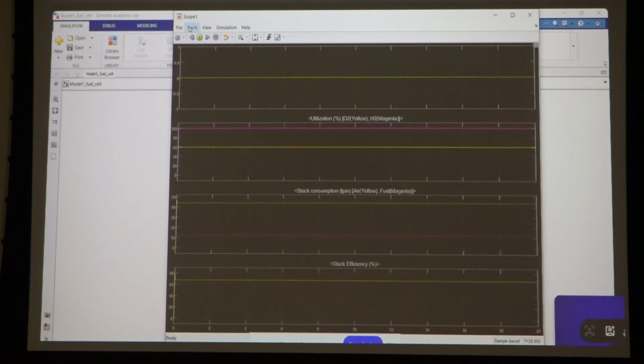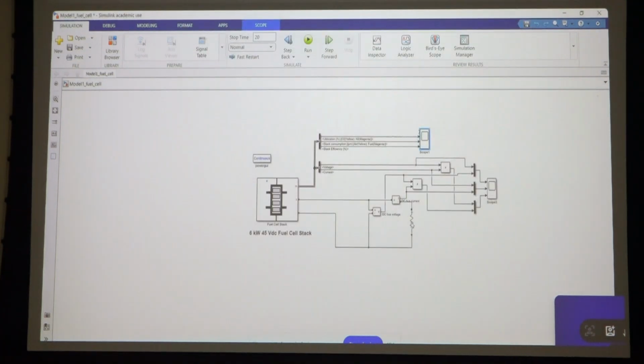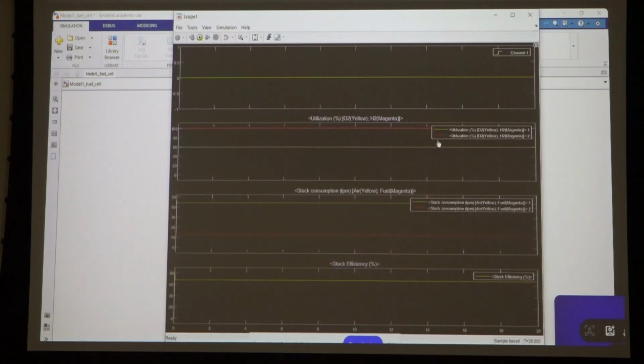If you put some legend, then we can see. Oxygen utilization is the yellow color, that means this is 60%, and 100% hydrogen utilization. The fuel consumption is in liters per minute. If we want to increase the load here, then based on this the current also increases. If the current increases, then the supply of both air flow rate and fuel flow rate need to be increased. This way you can see the results.